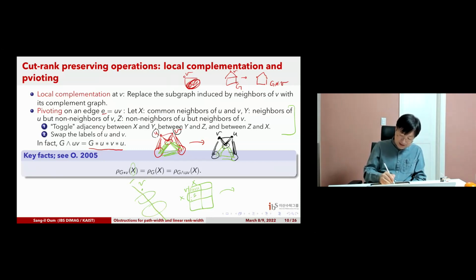Let's say this is X, right? So where do we change? The only changes are along this cut. So if there was 1, then it becomes 0, and 0 becomes 1. And you can simulate that by adding this row to all the rows in X. And that doesn't change the rank because 1 plus 1 is 0. So that's why these operations make sense when you study the property with the cut rank functions.